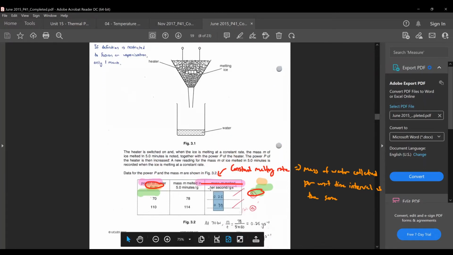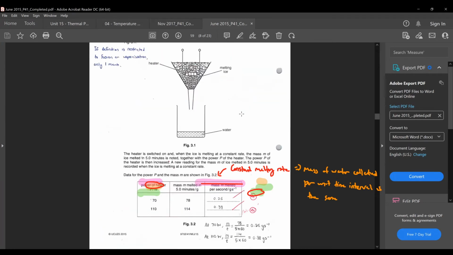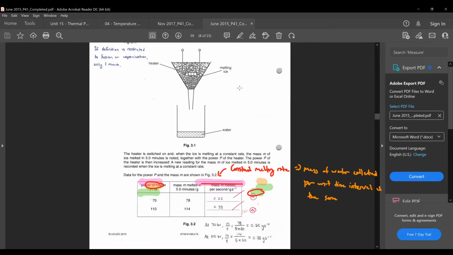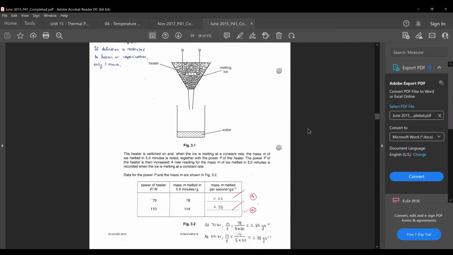The next part of the question actually asks you to complete it. In the next page, they ask you to complete the table to determine the mass melted per second for each power of the heater. Find out the mass M melted per second in grams per second. So all you need to do is take the value of the mass, divide by time.